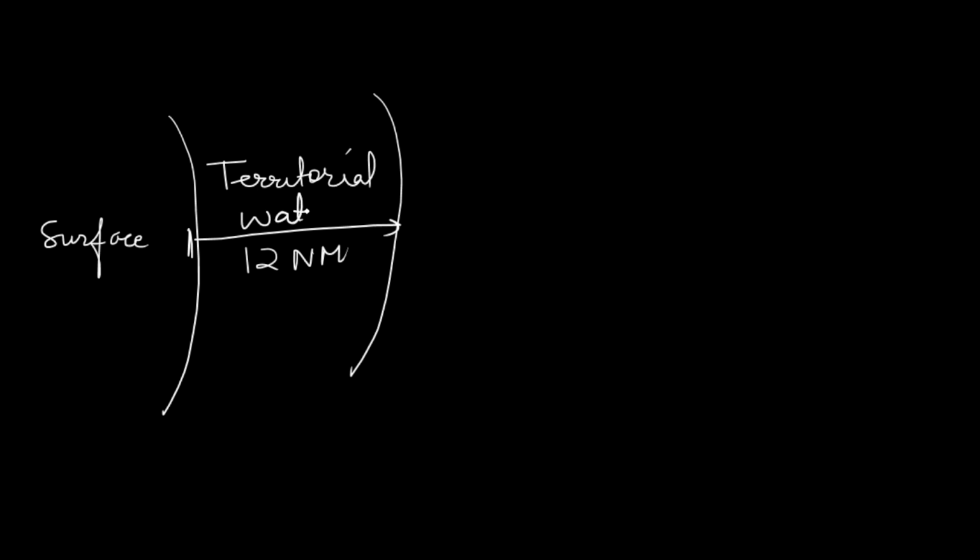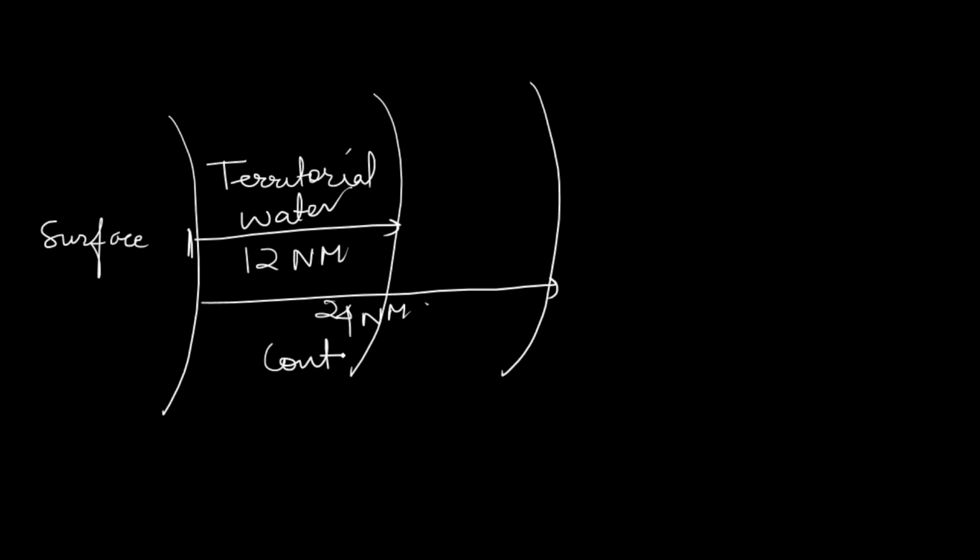Until 24 nautical miles it is known as the contiguous zone. This is 24 nautical miles from the baseline.